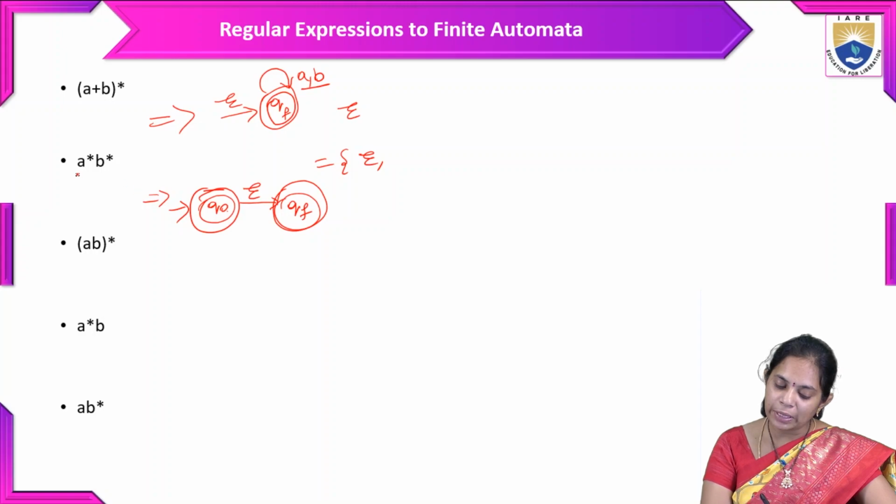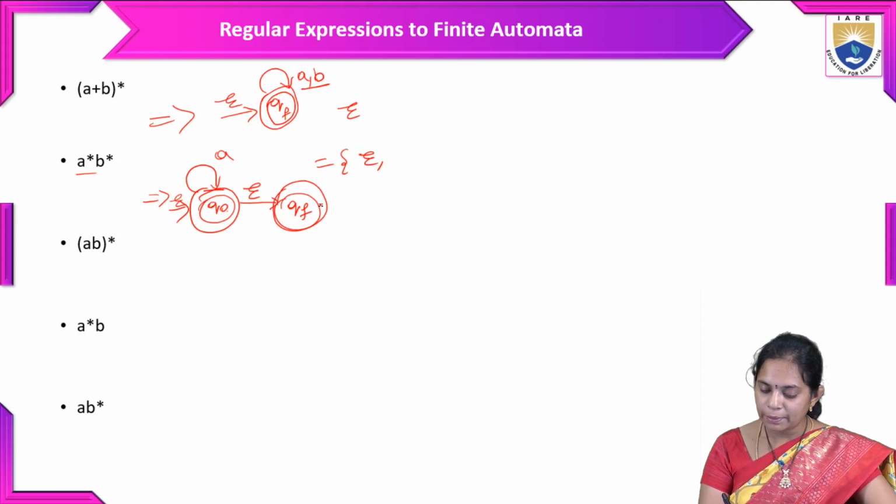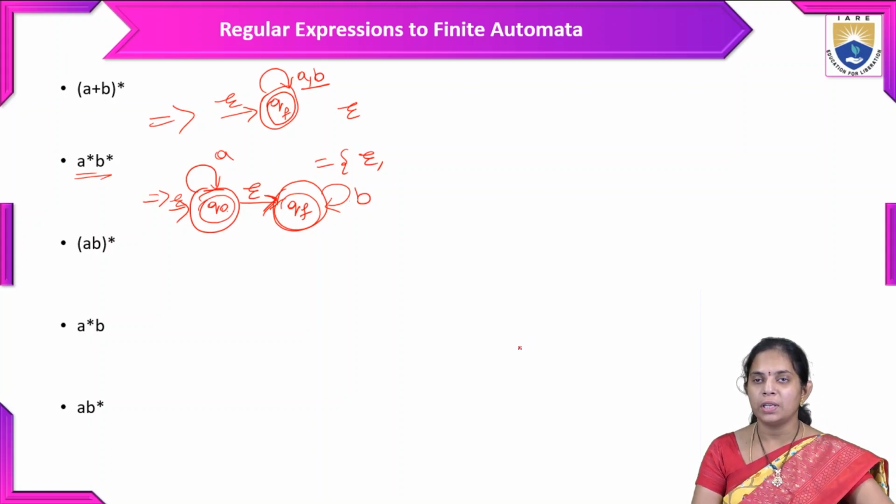Here A star is followed by B star, so A star is satisfied. A star has epsilon as an input symbol, and B star also has epsilon as an input, and here we write it as A*B*. So with the epsilon input symbol, it is reaching the final state.